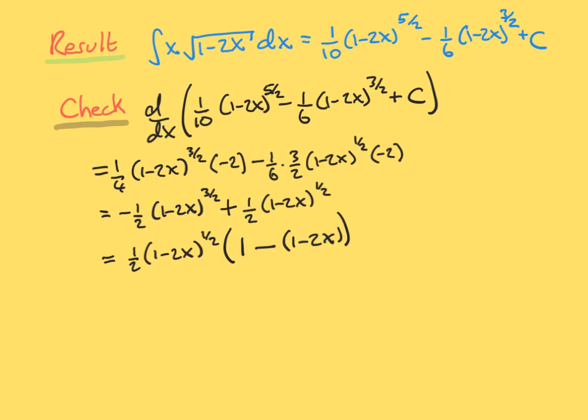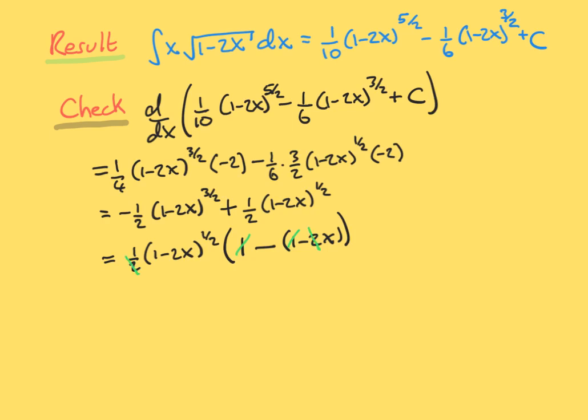We see here immediately that the 1's are going to cancel, and here we have left minus minus, which is plus, and there's a 2, and the 2 will cancel with the half outside.